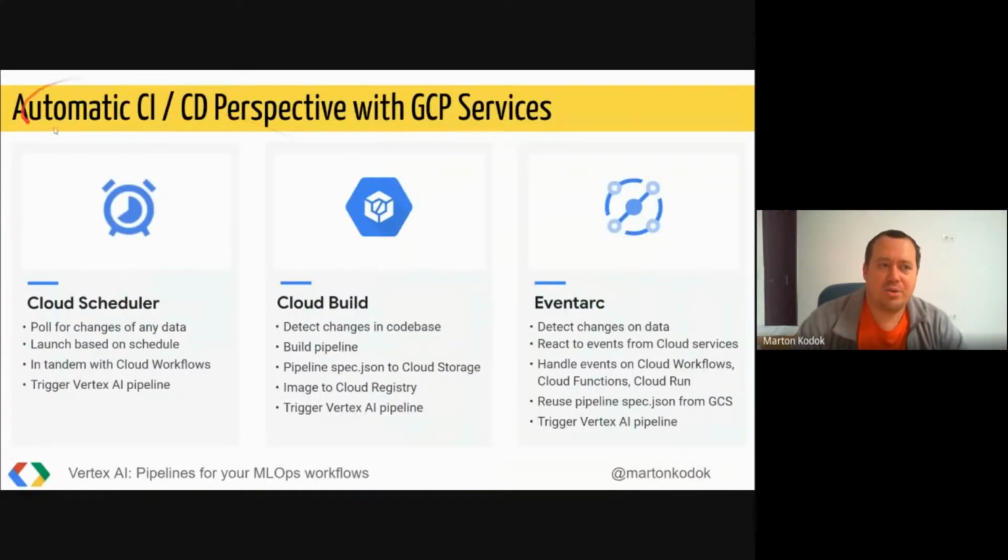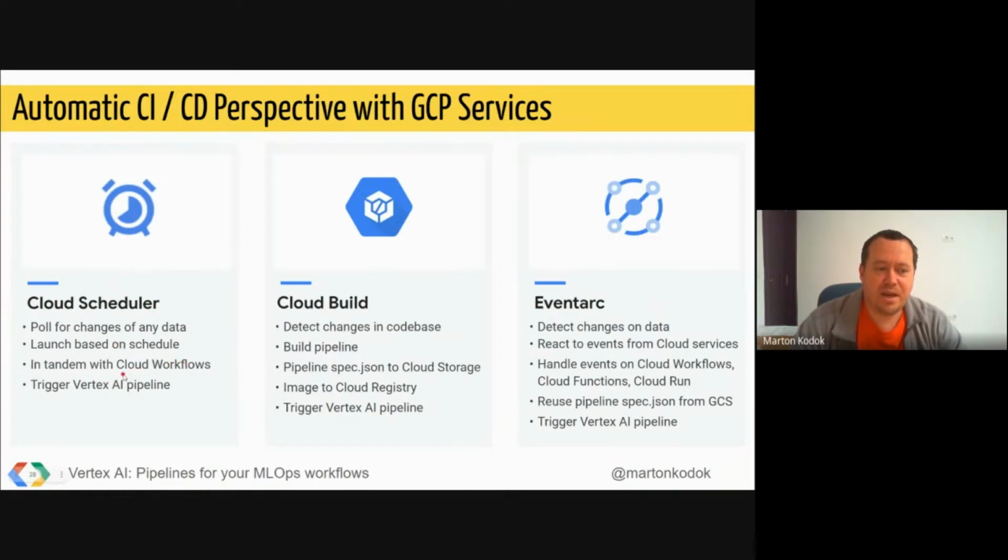When we are talking about automatic CI/CD perspectives on GCP services, we can have three sources of truth, let's say. The Cloud Scheduler is the easy one. We poll for changes of any data based on a schedule. You set up a schedule like every night, every morning, or once a week, to start a pipeline.